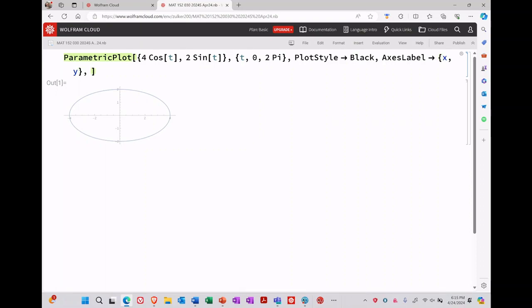And let's do, just go ahead and label this as well. Called 0 to 2 pi, just so we know.